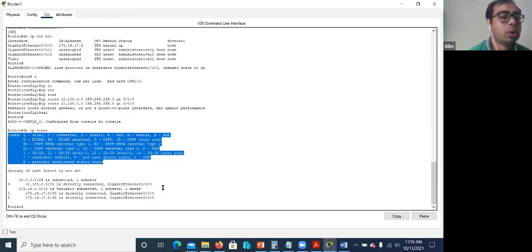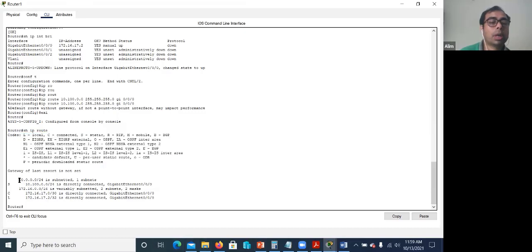Today we got 3 symbols. S means static, because we use static routing. C means connected. L means local. So what is the difference between them? Look, 10.100.0.0.